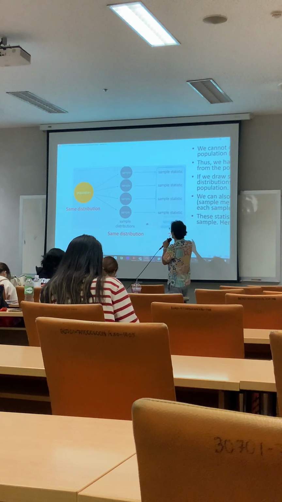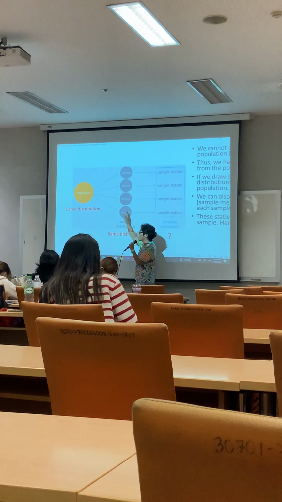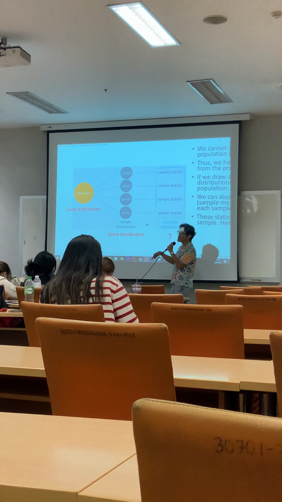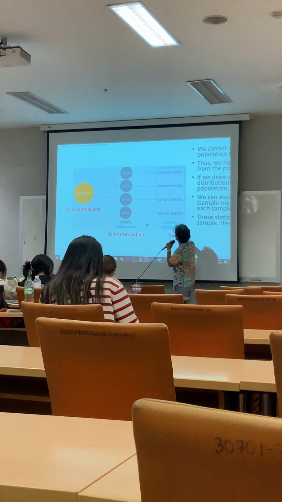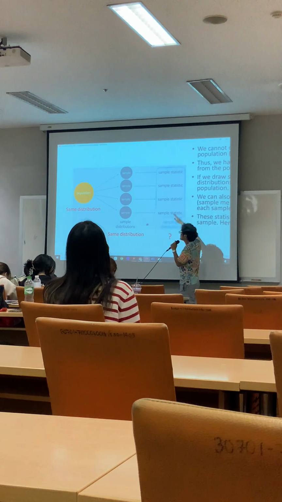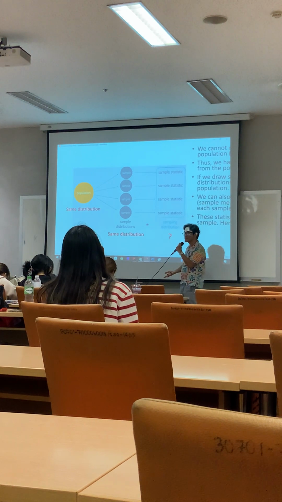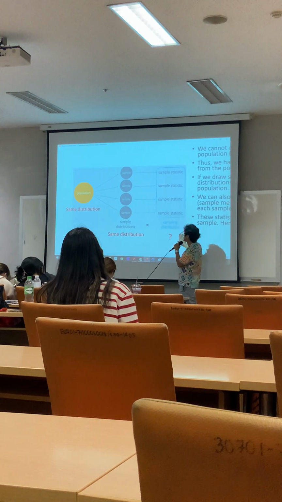If I keep drawing, let's say 100 samples, for each sample I can calculate the sample mean, so I'm gonna have 100 values of the sample mean. Clearly, these different values of sample means are a type of random variable, and the distribution of it is called the sampling distribution.